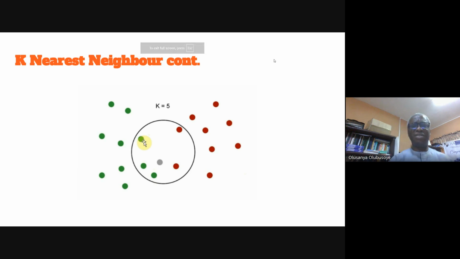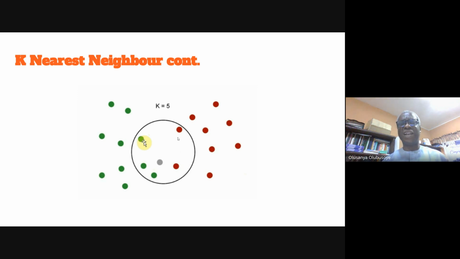So we will find the average, and first of all, we find the distances of each of them. That is the distance from here to this, the distance from here to this, the distance from here to this. Then we have the average of those 3 distances. That will be for green. The distance from this to this, the distance from this to this. So we have 2 distances.